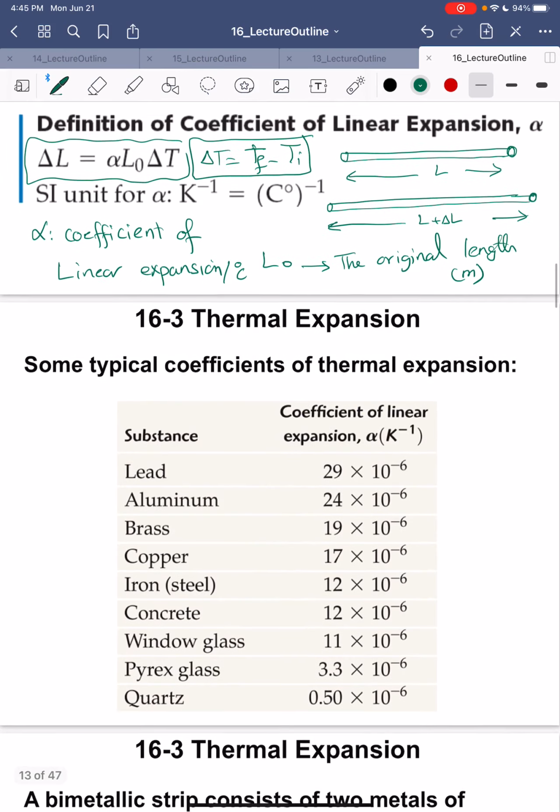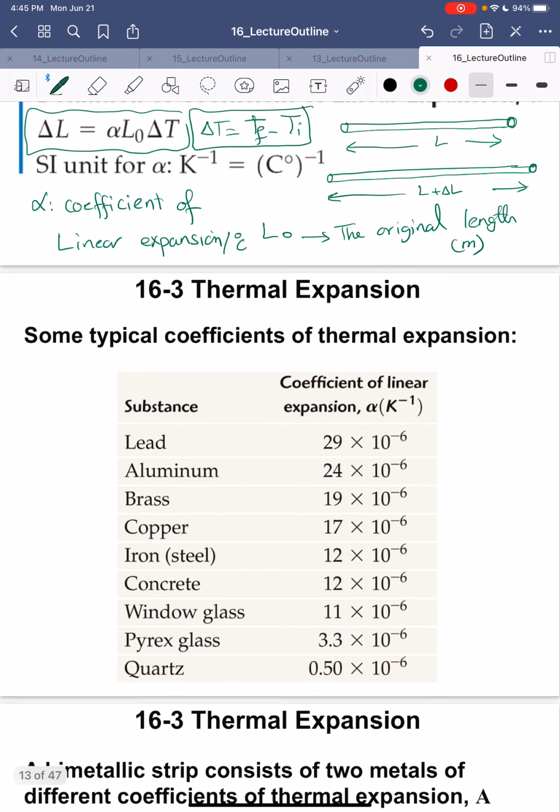In this table here, we are listing some typical values for coefficients of thermal expansion for lead, aluminum, brass, copper, iron, concrete, window glass, Pyrex glass, quartz. And I want you to know that these numbers are very important when we are using any material for any construction or for any application in the life around us.